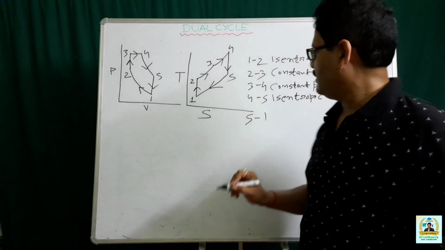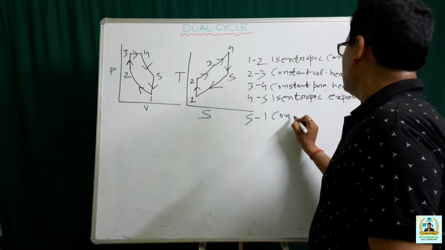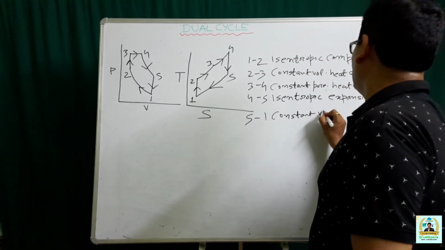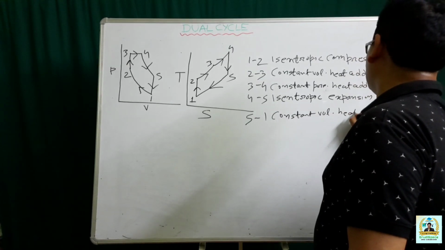And 5-1 is a constant volume heat rejection process.